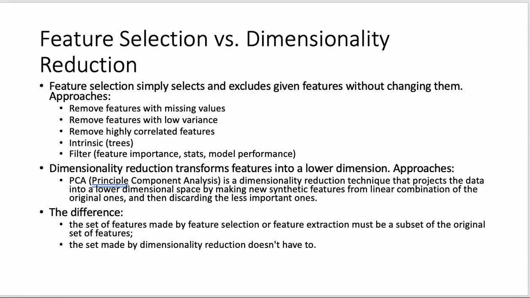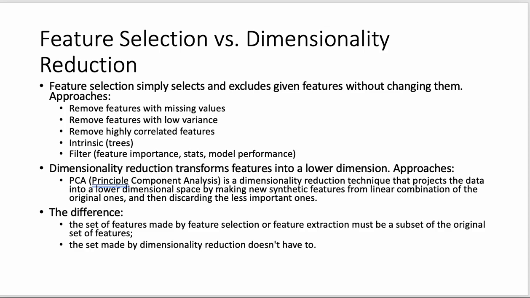And for dimensionality reduction, one popular technique is PCA, principal component analysis, that projects the data into lower dimensional space by making new synthetic features from linear combinations of the original ones. And then we can discard the less important ones.